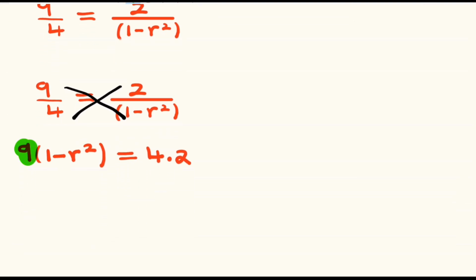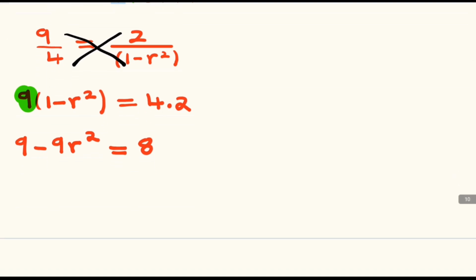Let's distribute the 9 inside the parentheses. So 9 multiplied by 1 is equal to 9, and 9 multiplied by negative r squared is equal to negative 9r squared, and 4 multiplied by 2 is equal to 8.